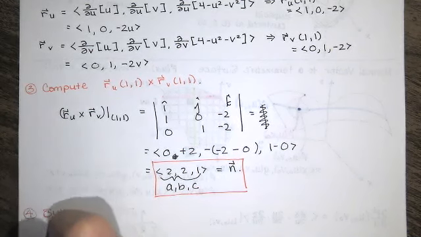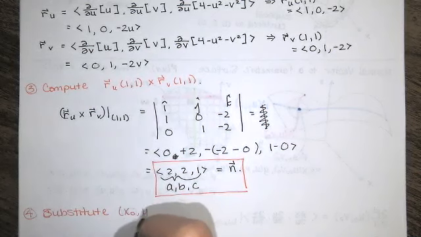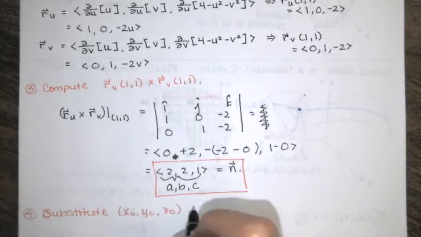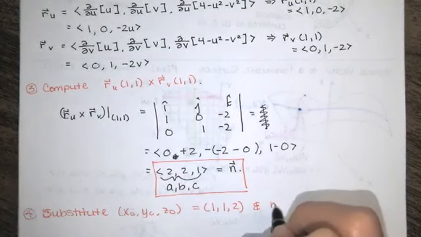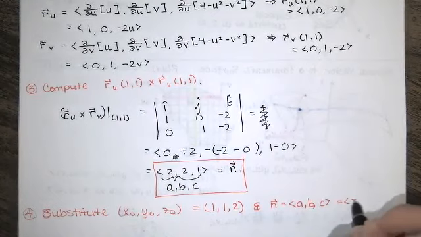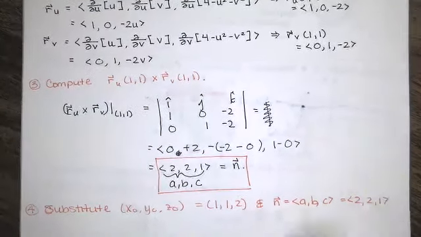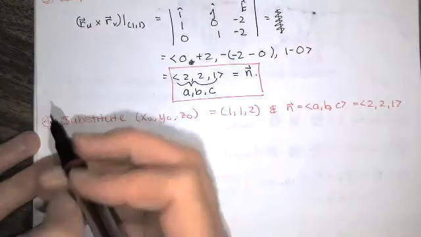So we'll substitute x naught, y naught, z naught. That was that location that they gave us. So it's 1, 1, 2. And the normal vector with components A, B, C, which was 2, 2, 1, into the equation of a plane.